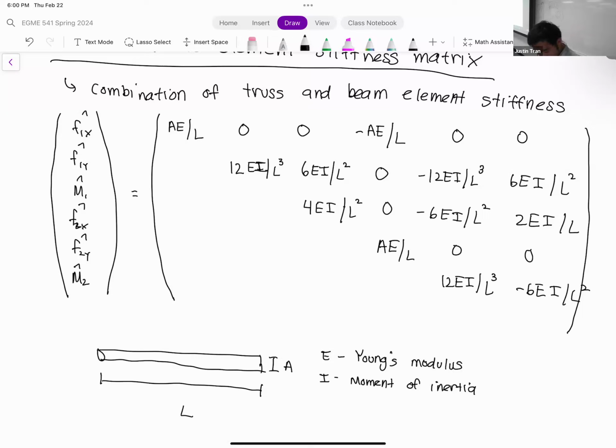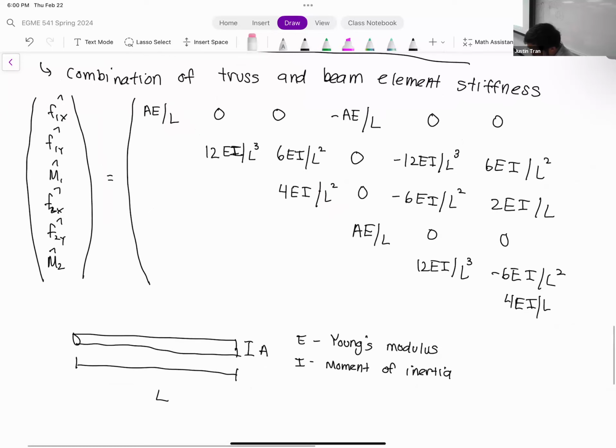Okay. And then in the final bottom right entry, we have a 4 EI over L. And of course, this is still symmetric.